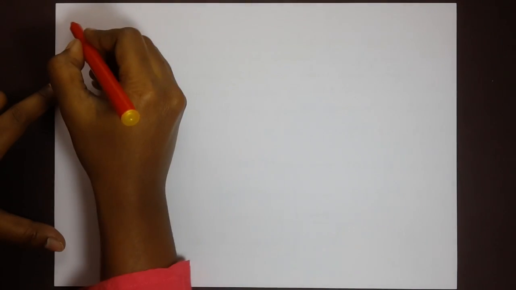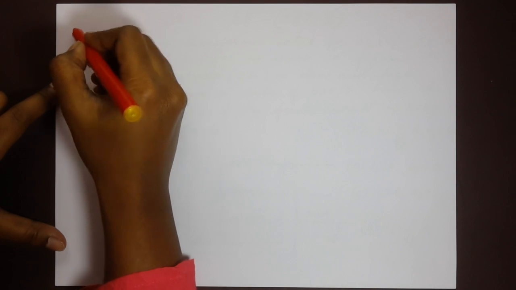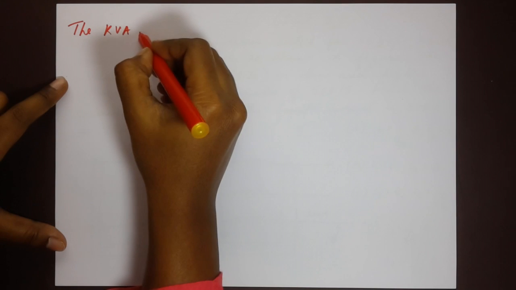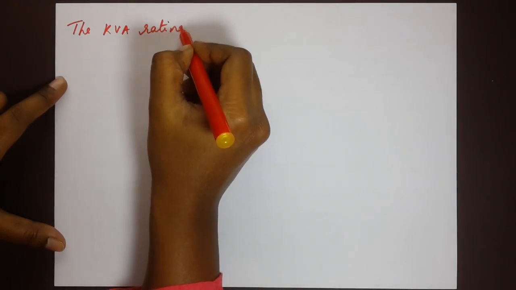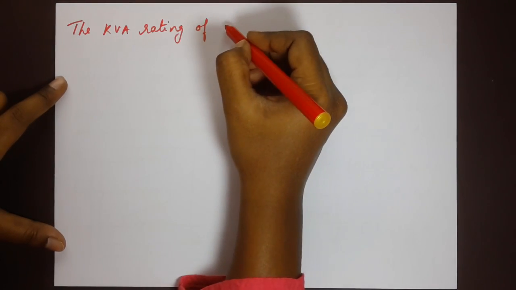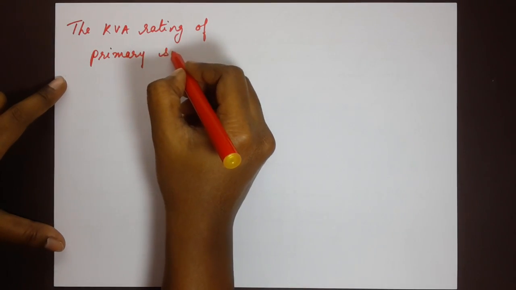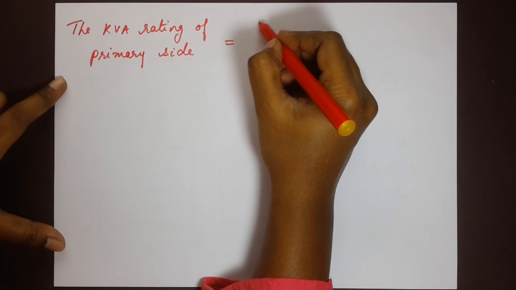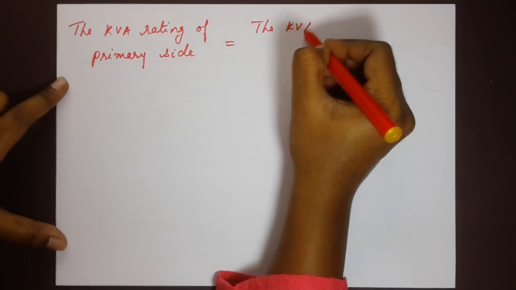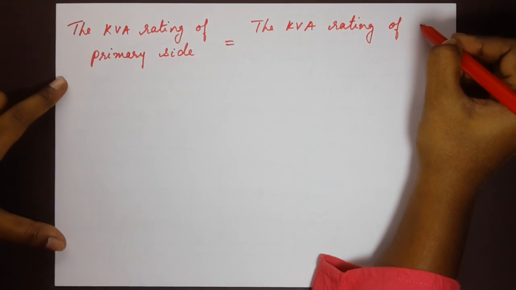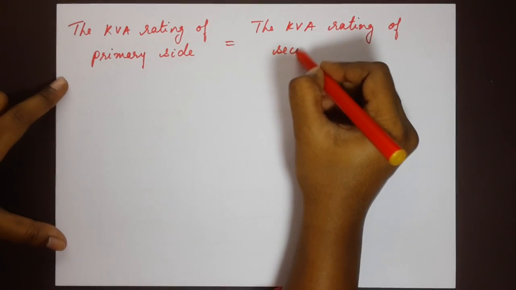So the kVA rating of the primary side equals the kVA rating of the secondary side. I'll write that down. The kVA rating of primary side equals the kVA rating of secondary side.